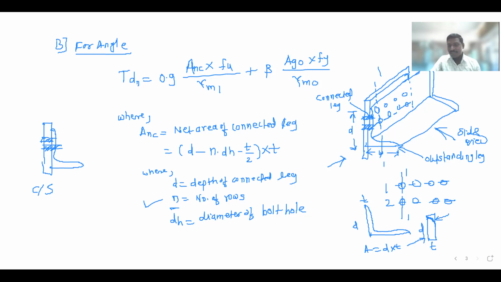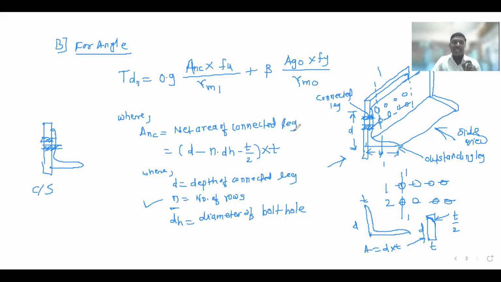So this shape means varying thickness. For that we have to deduct the average thickness. We reduce the thickness by t by 2, and then multiply by t. So here we are calculating the net area of the connected leg.